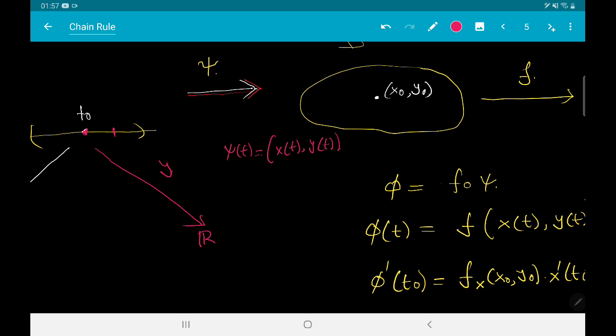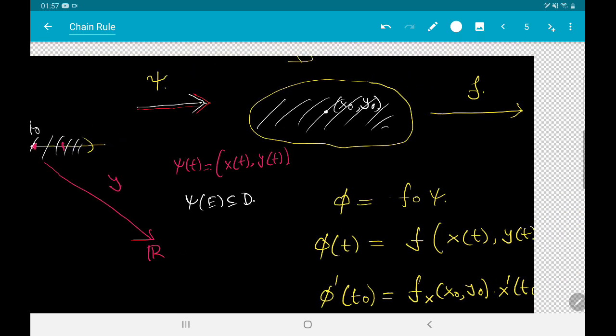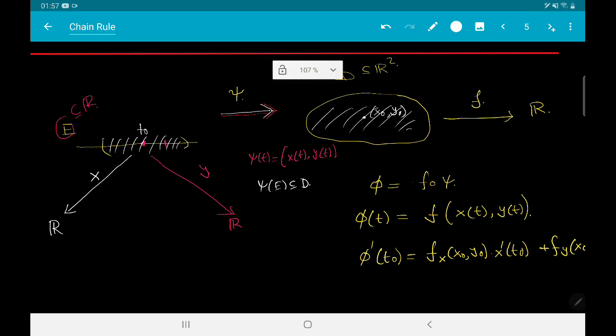Our condition was that this map psi thus constructed takes this region inside D. So psi of E is contained inside D, and also we have been given this function throughout, a function f from D to R, which is differentiable at the point x₀, y₀.